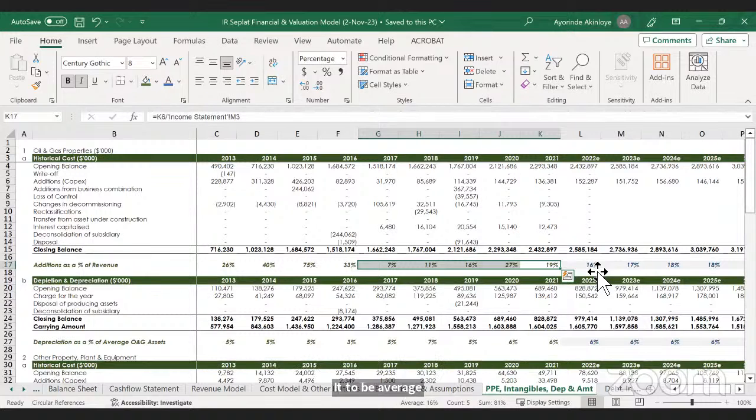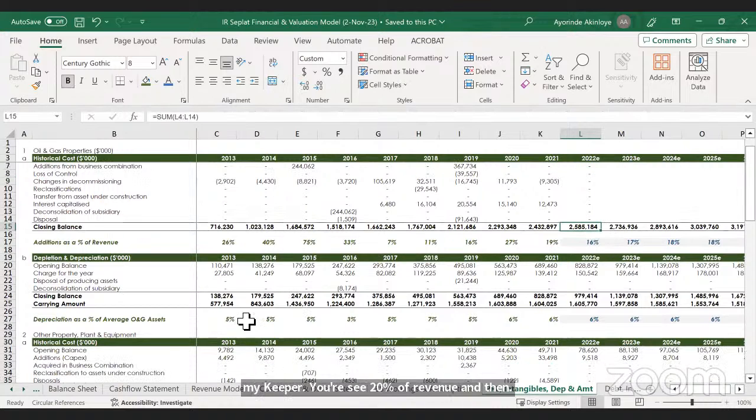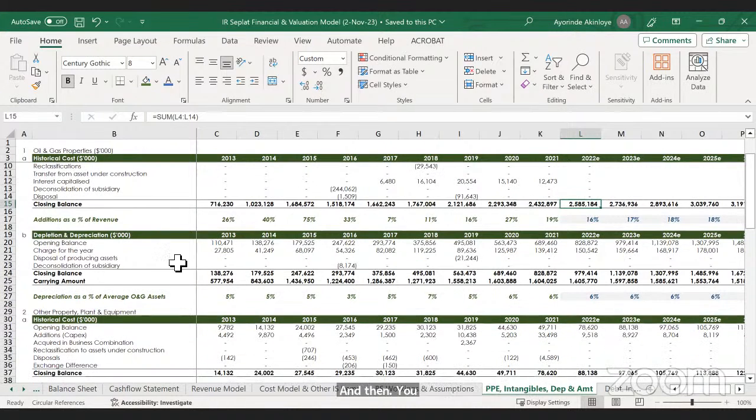I can say let me say 20% of revenue. And then once I do that, that gives me my capex. I just say 20% of revenue, and then I have the figure here and I sum it together and I get this. And then you forecast depreciation.